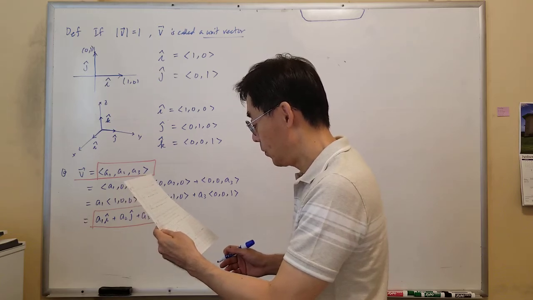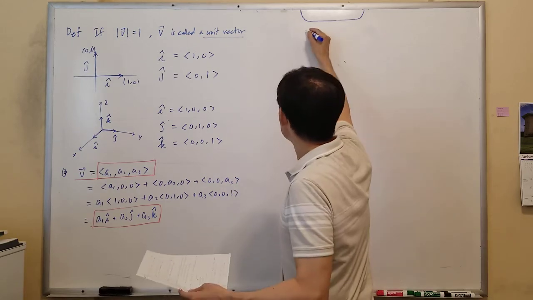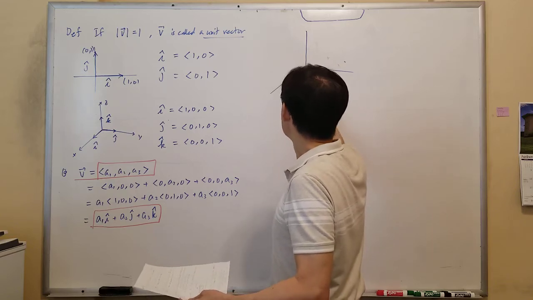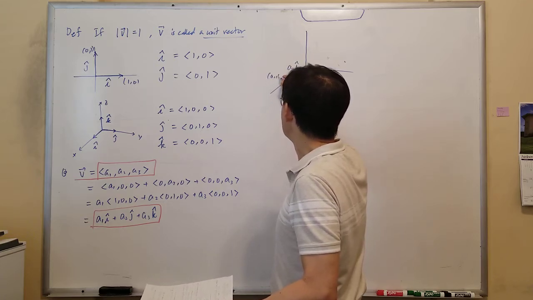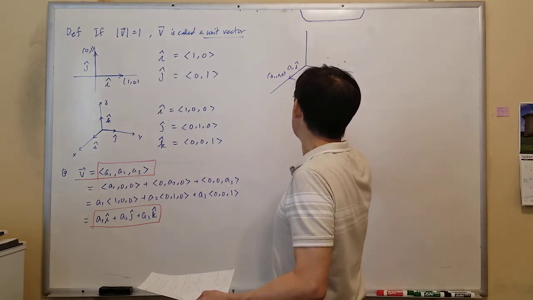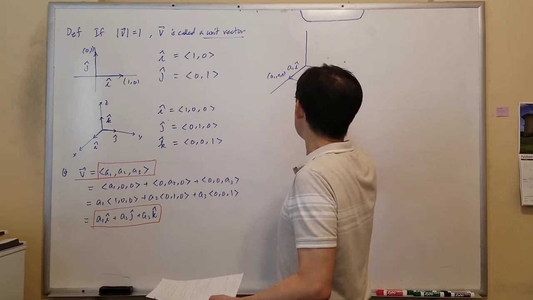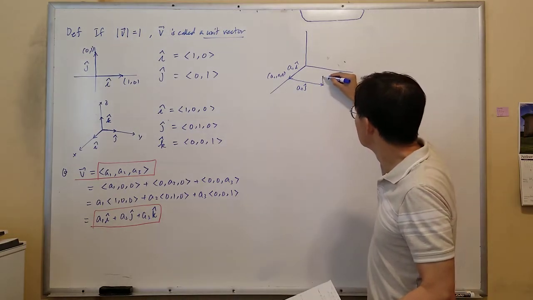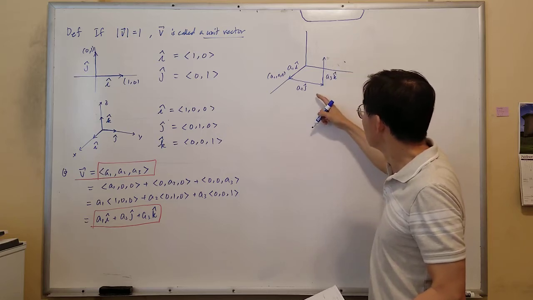Then, you can think about this graphically as a vector addition. If you go A1 I, that means this point is (A1, 0, 0), right? This is A2 J, which means you're going A2 along the y direction. Let's say A3 K as a vector.